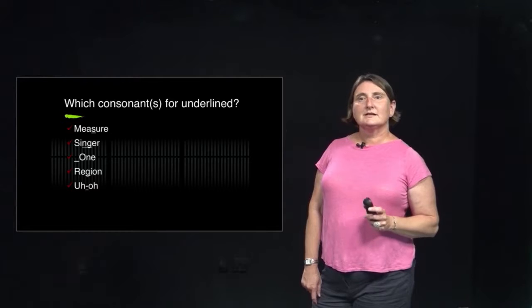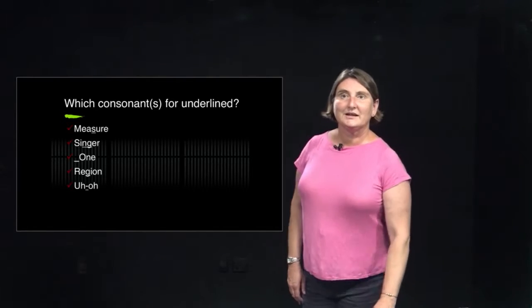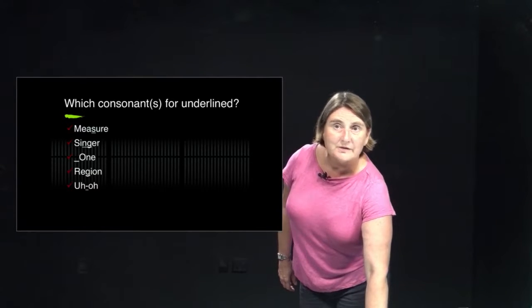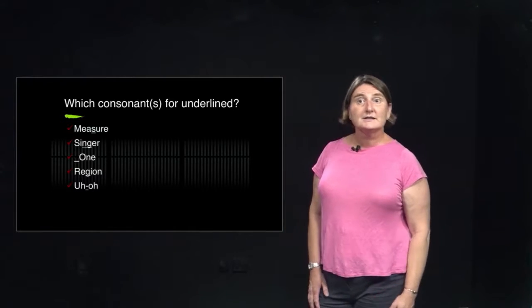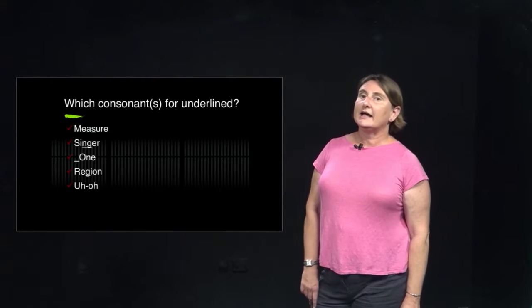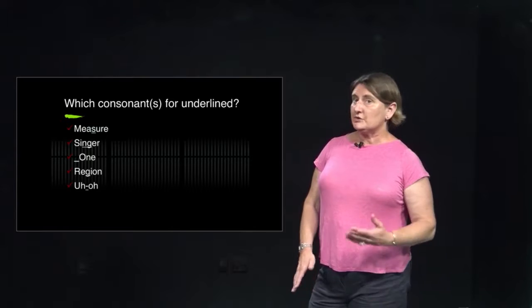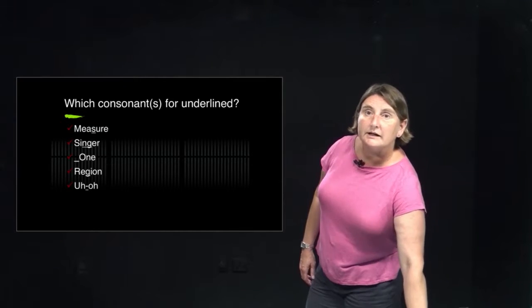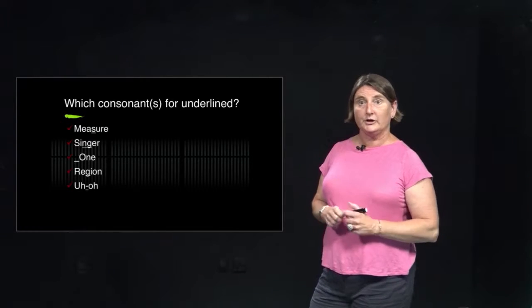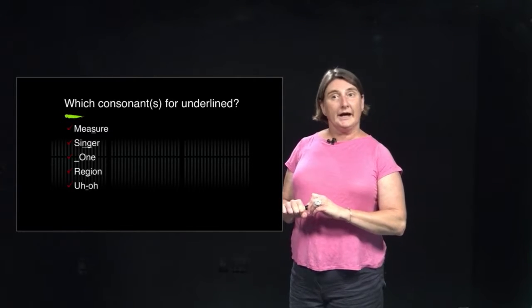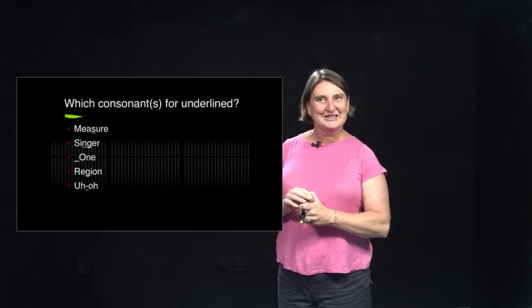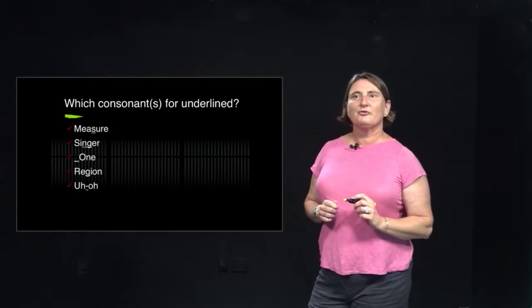Now, let's see what you remember. I'd like for you to think about, this might be a place where you want to pause and look at the overhead and think of your answers. That's an option for you as you watch this video. But right now, I'll give you the answers. So here's our first word.